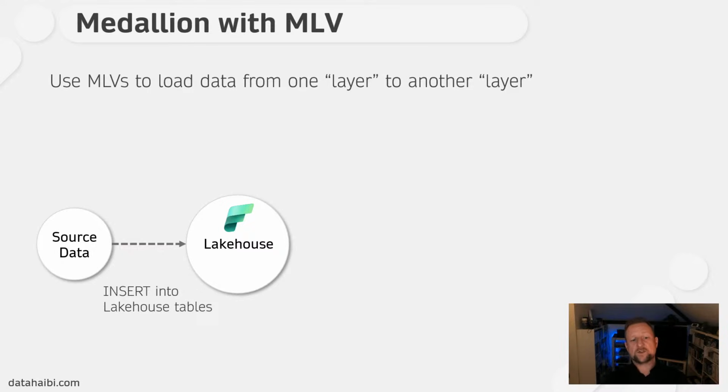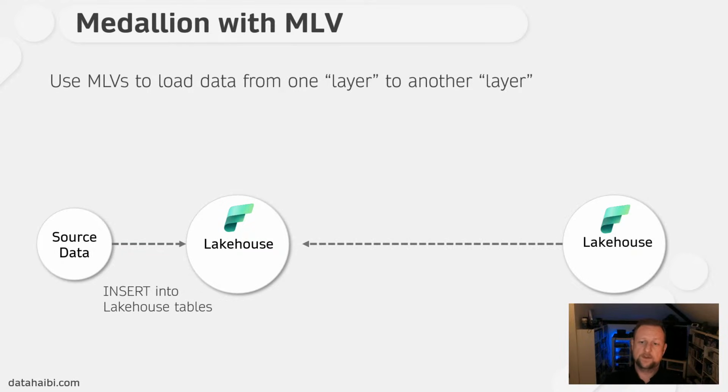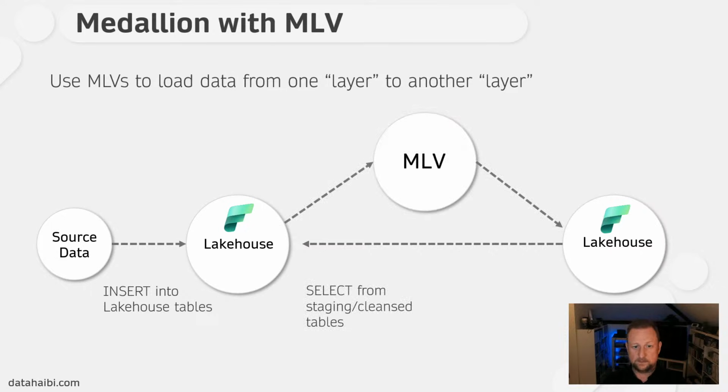So, for example, if I've got source data and I'm bringing it into a lakehouse, and I have a lakehouse in the same workspace, then I can use MLVs, right? I can select from source tables and insert into destination MLVs. If everything is in one lakehouse, absolutely no problem.